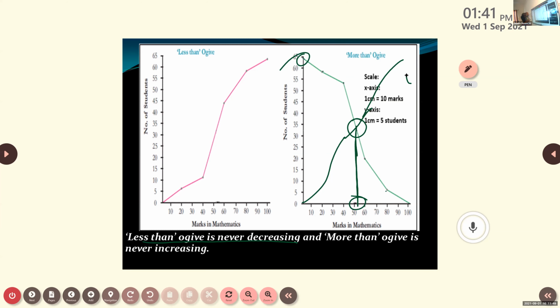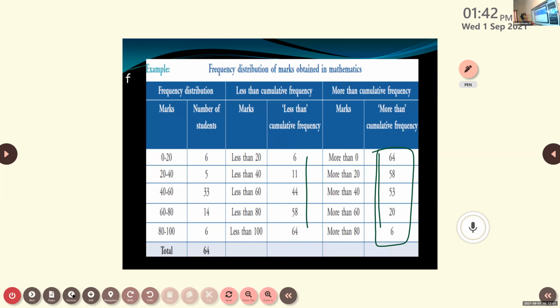Then how did you get those frequencies? I will show the previous slide. I want everyone to look at this and learn, and tell me how to construct a less than ogive and more than ogive.